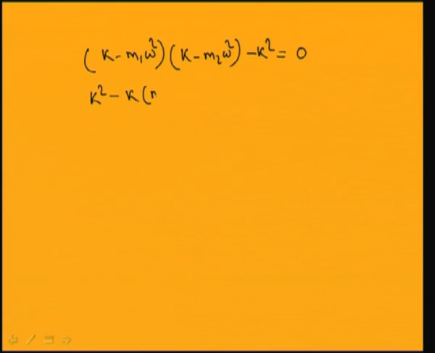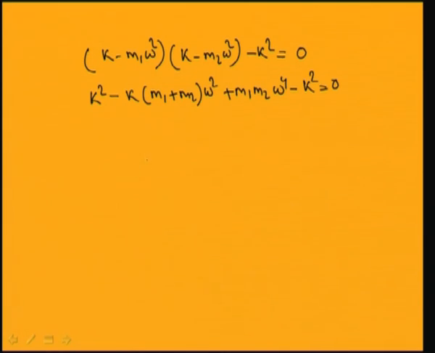So I will multiply this. So I can write this equation in this form, k into k. So this becomes k square minus k into (m1 plus m2) omega square plus m1 m2 omega fourth minus k square equal to 0.